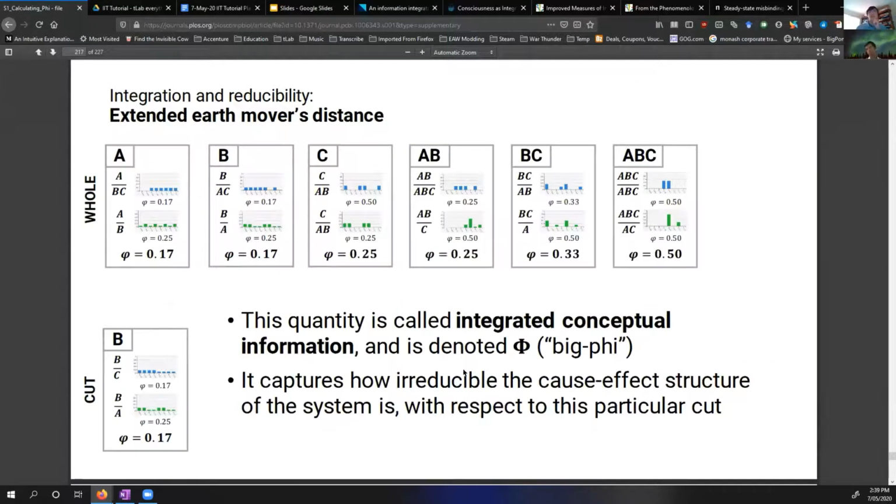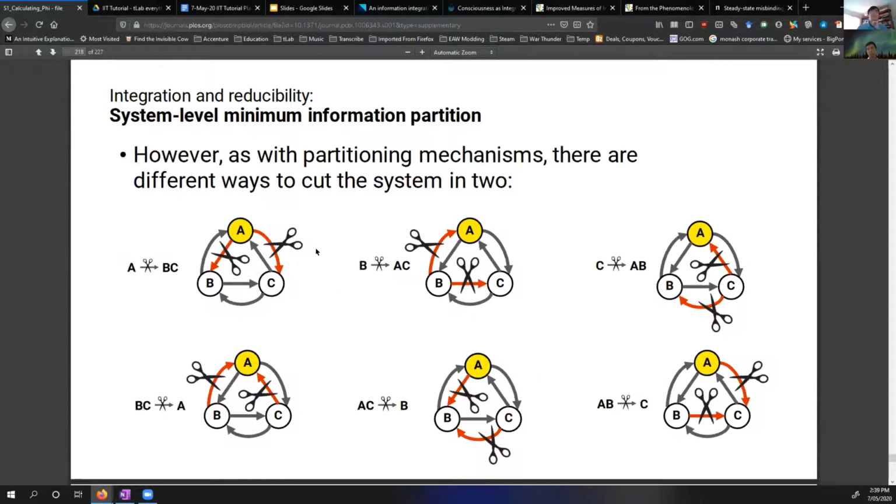So yeah, we got up to here. So you have this integrated information, which is describing how much you can consider your candidate system as one system as opposed to two separate systems. But as for the mechanisms, you can disconnect your system in many different ways. So you can disconnect inputs from A to BC, but you can also disconnect inputs from B to AC, and basically all these.